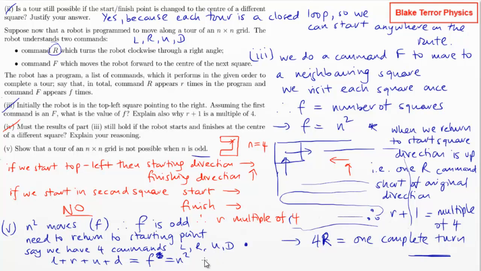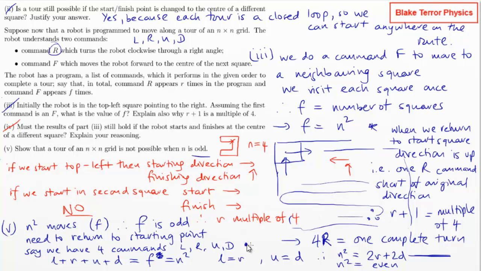What else do we know? We also know that the number of lefts has got to be equal to the number of rights in order to get back to where we started. And the number of ups has got to equal the number of downs in order to get back where we started. So that means n squared is equal to, well, let's replace the L's and the U's, 2r plus 2d. So n squared is even, which is our contradiction.